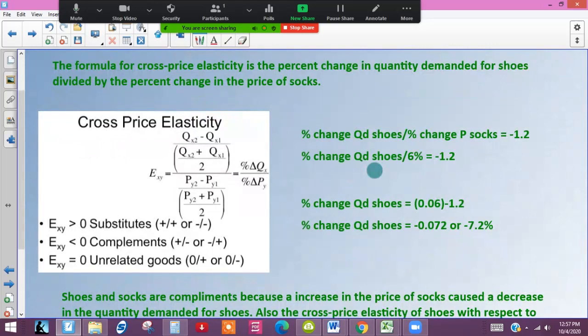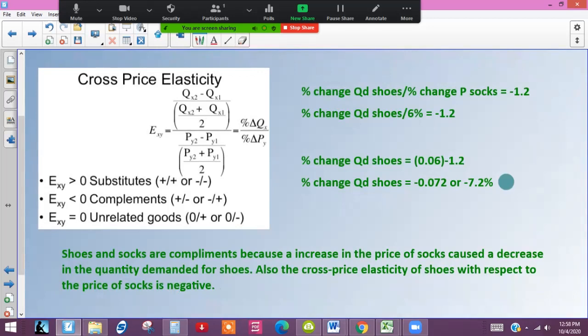So we simply multiply both sides by 6%, which is 0.06, to isolate this variable. We do the math, and we find that the percentage change in quantity demanded of shoes is a decrease of negative 0.72%.